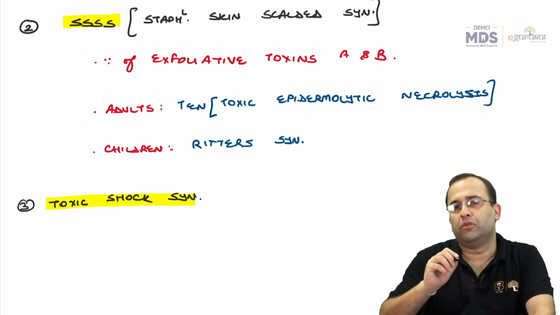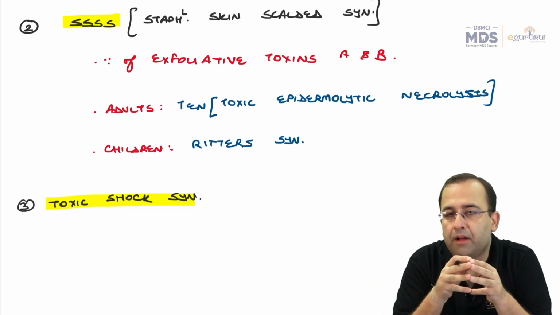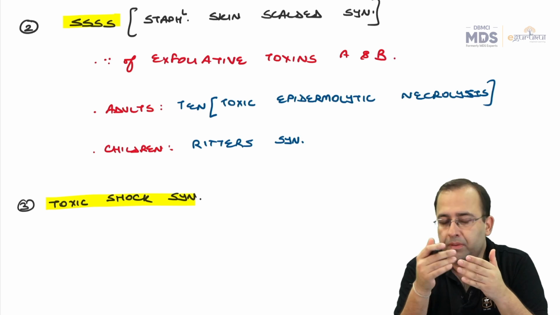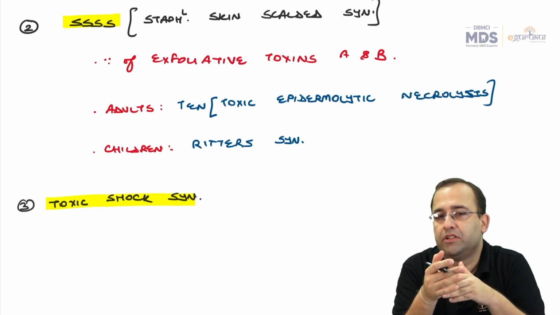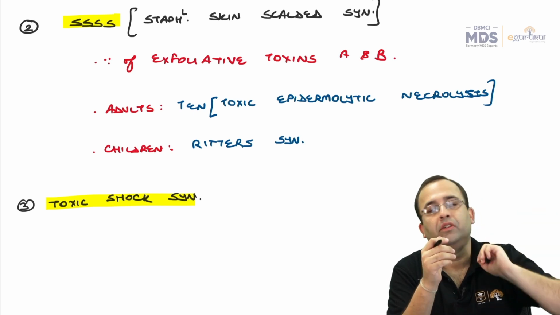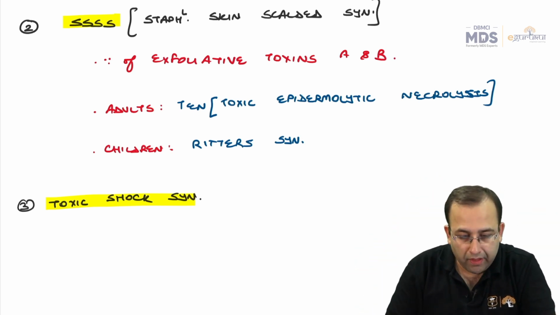Now, toxic shock syndrome is extremely rare. Firstly, what is happening in toxic shock syndrome? Think of it yourself. A patient got a Staphylococcus aureus infection and he went into a toxic shock. Toxic shock is associated with very high mortality.